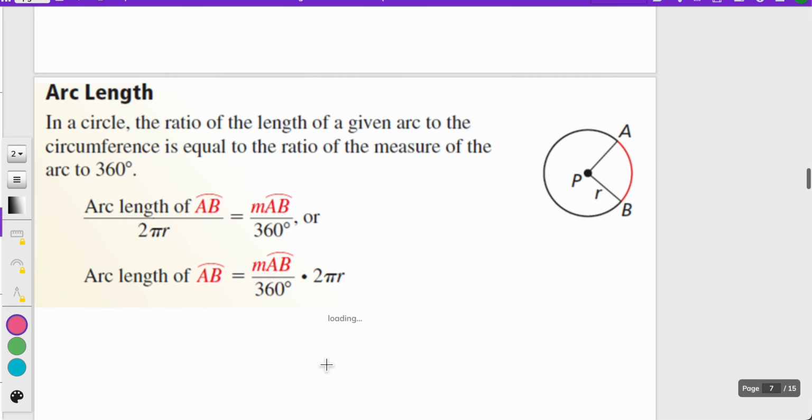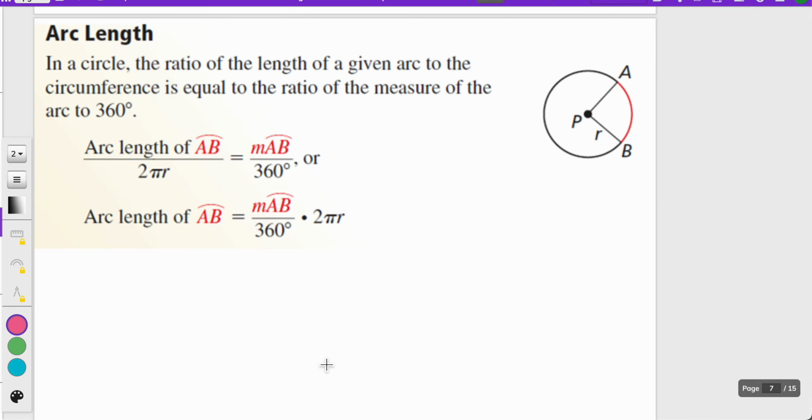Okay. Next up, we're going to talk about arc lengths. So arc lengths can be found by given a ratio. In a circle, the ratio of the length of a given arc to the circumference is equal to the ratio of the measure of the arc to 360.